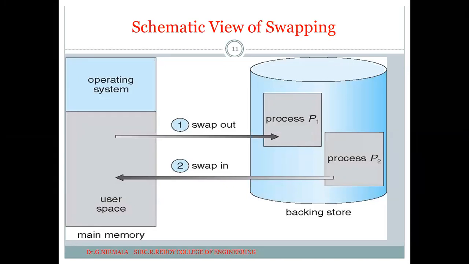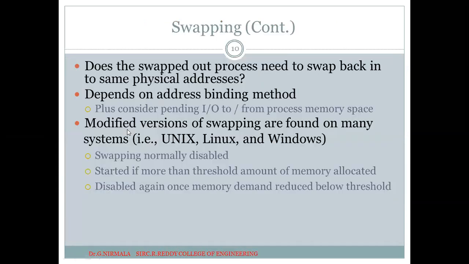This is called the swapping operation. This is the main fundamental operation done by the operating system while executing a process. All operating systems like Unix, Linux, and Windows perform swapping operations.